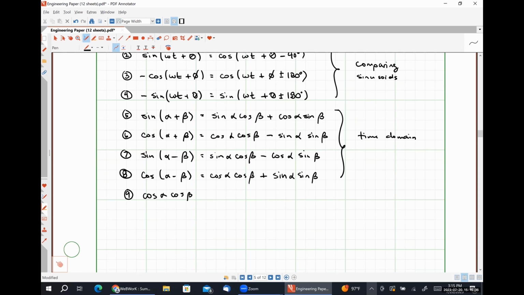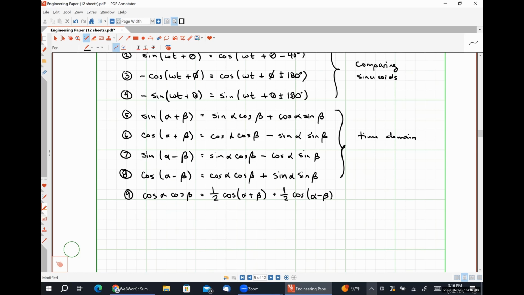If I multiply two cosine functions together, this is going to be 1/2 cosine alpha plus beta plus 1/2 cosine alpha minus beta.